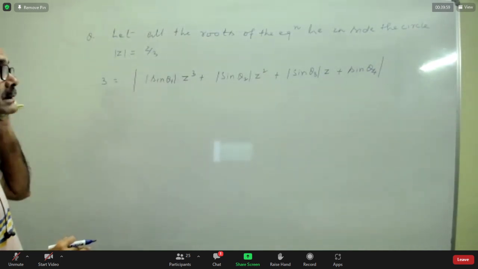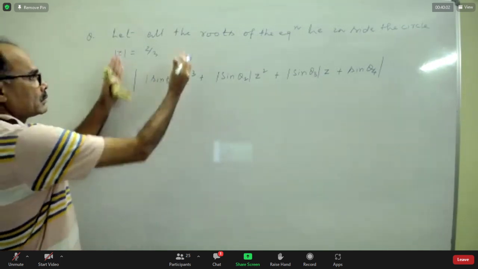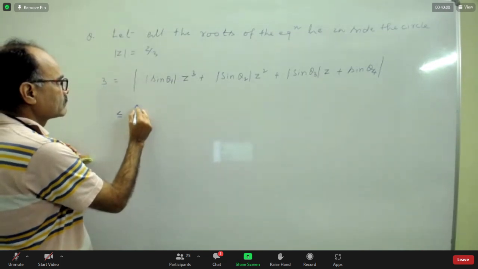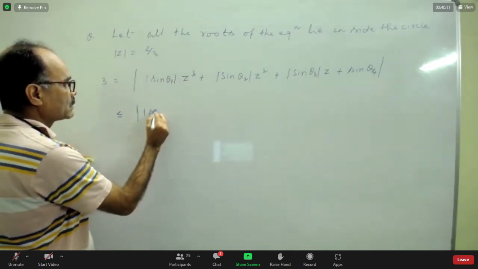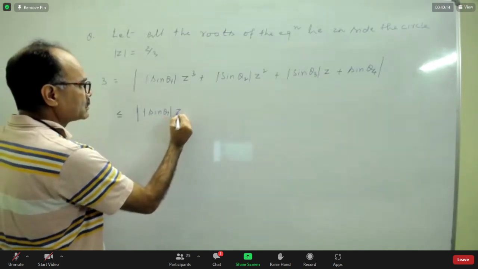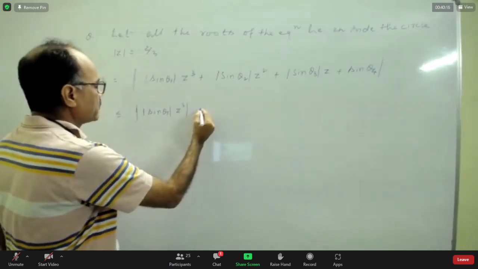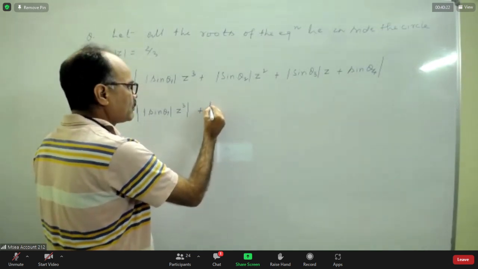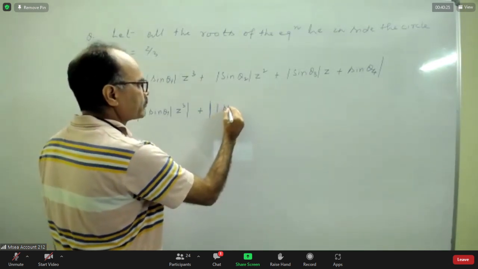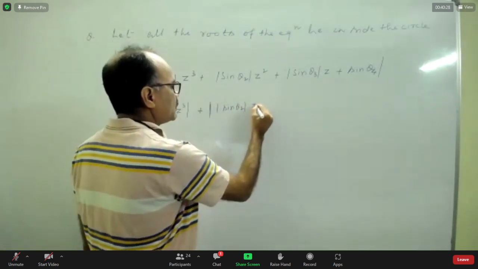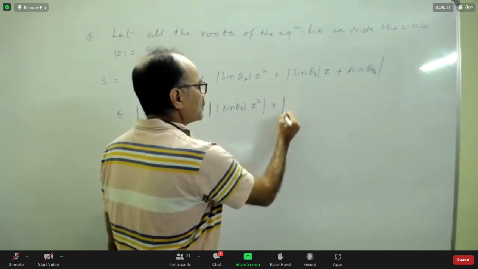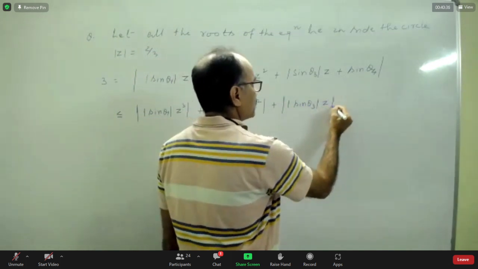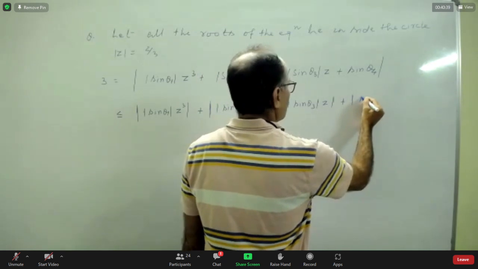Now mod of z1 plus z2 is less than or equal to mod z1 plus mod z2. So less than or equal to mod of sin theta 1 into z cube, plus mod of sin theta 2 z square, plus mod of sin theta 3 z, plus mod of sin theta 4.